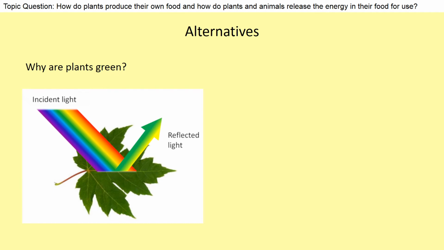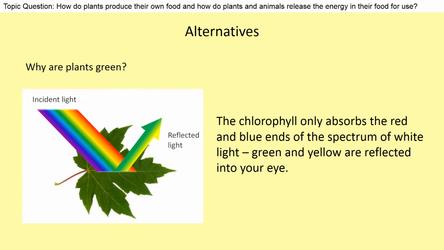But green and yellow parts of the white light would be reflected back into your eye. That's why plants look green. It's the green light that's being reflected, the other colours are being absorbed. The chlorophyll, which is what is absorbing that light, only absorbs the red and the blue ends of the spectrum.